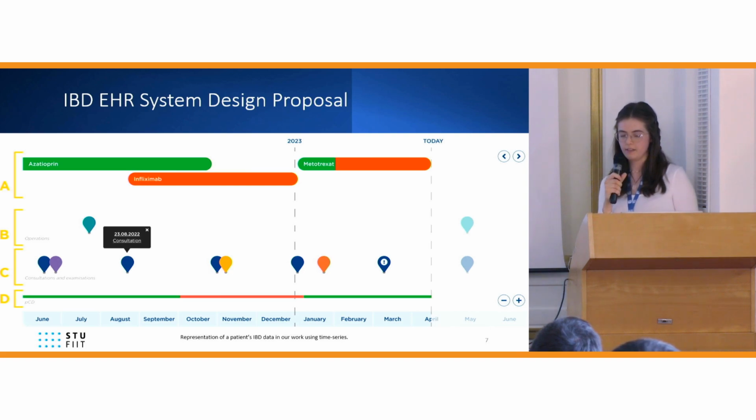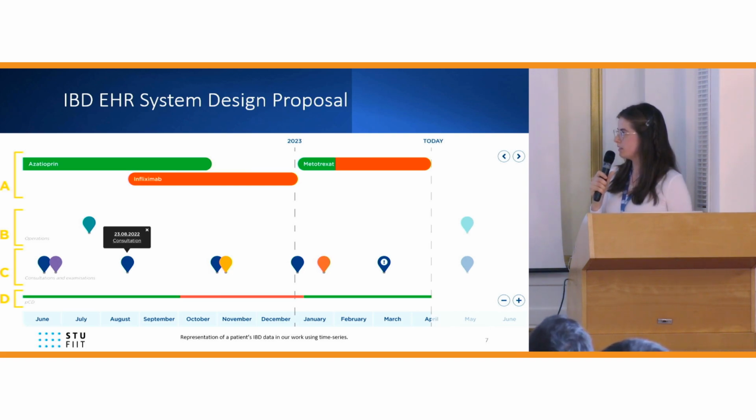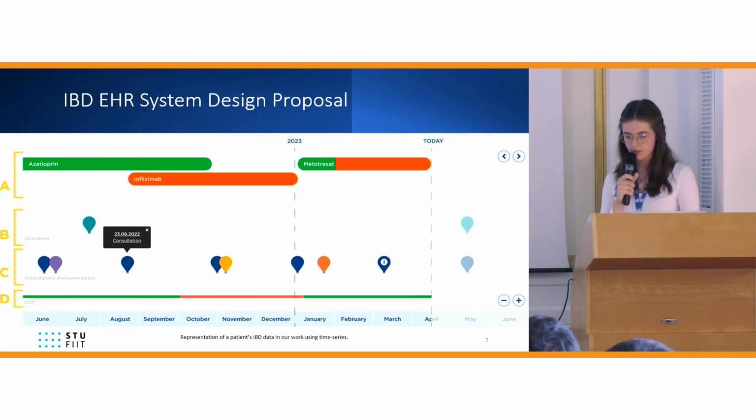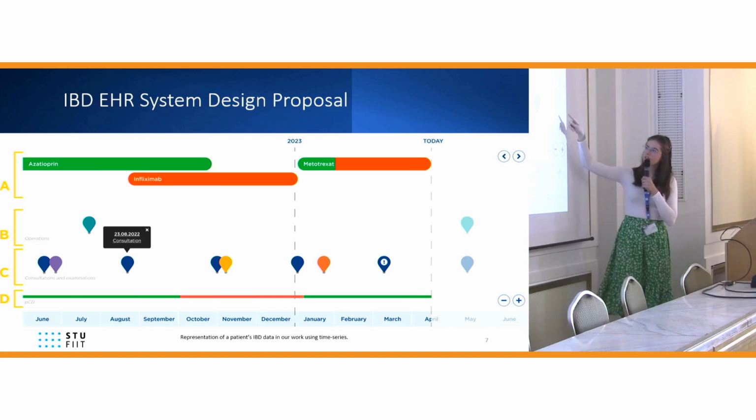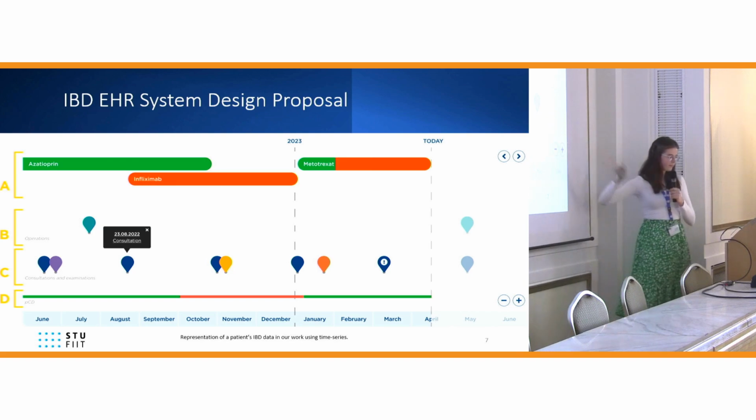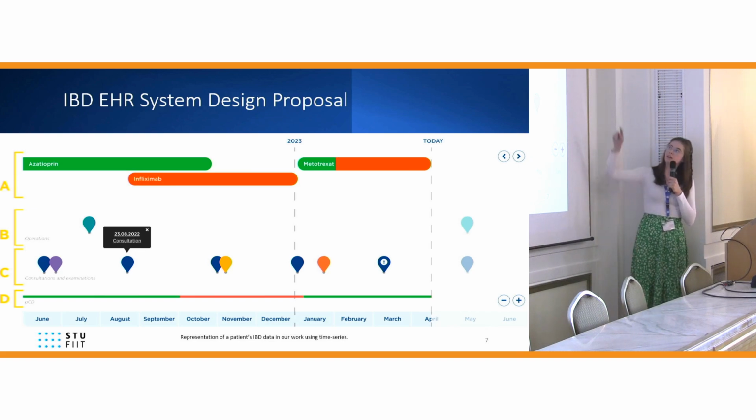It organizes data in time series, and detailed information is provided on demand. The C section, which is this line, represents the identified primary data, which are consultations and other examinations, and the A, B, and D sections are complementary data for the C section.